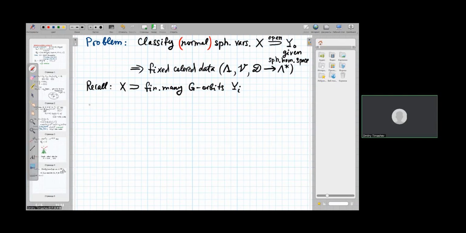And now for any G orbit, say y in x, let us denote by x sub y the set of all points in x such that their orbit closures contain y.